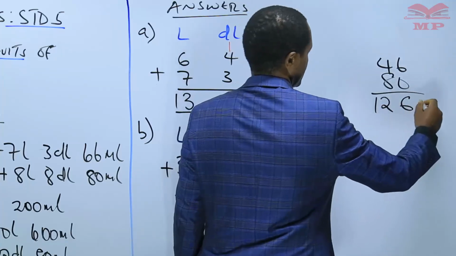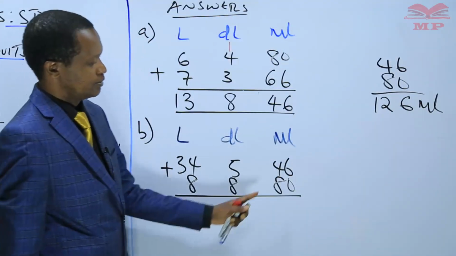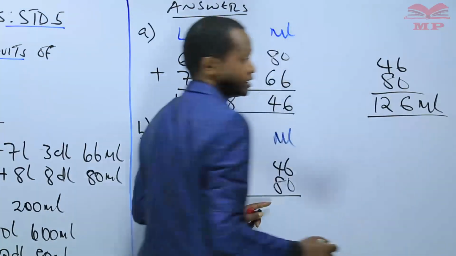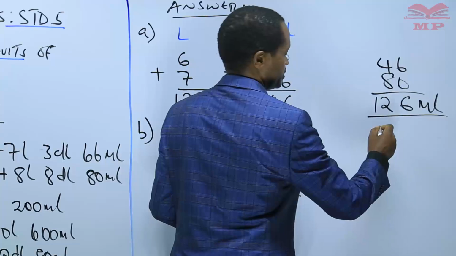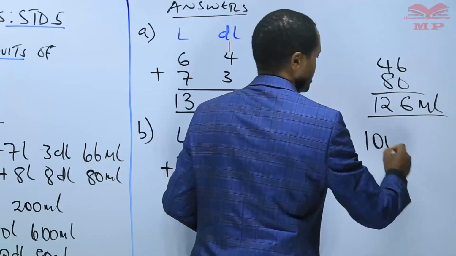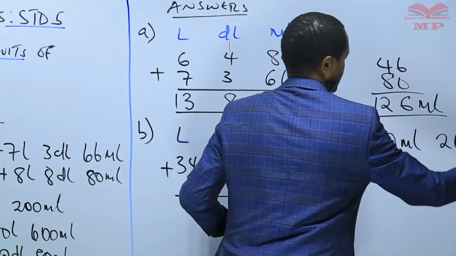This is 126 milliliters. 126 milliliters can be written as 100 milliliters and 26 milliliters.